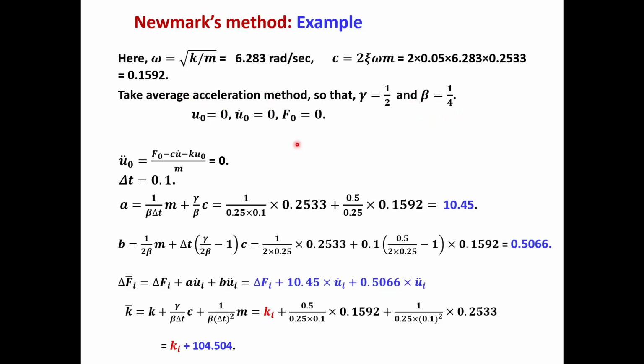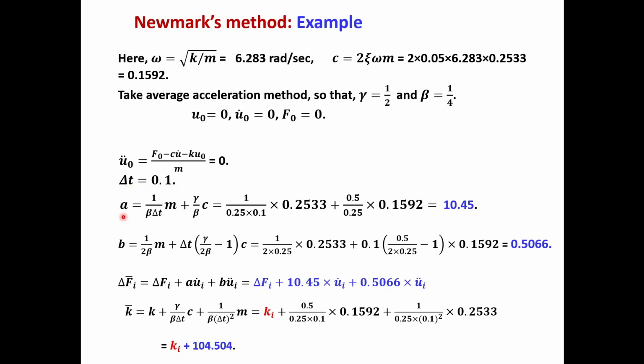Initially the displacement is 0, velocity is 0, and initial force is also 0. The half sinusoidal excitation starts at t equal to 0, f equal to 0. So the initial acceleration from the equilibrium equation comes out to be 0. We are taking the time step size same as the record interval for the sake of convenience in our calculation, so delta t equal to 0.1.